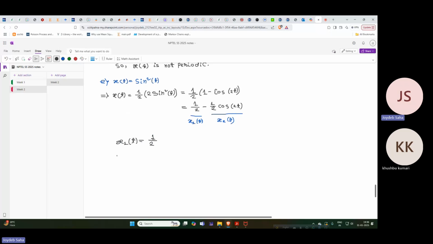So it can be periodic with any arbitrary period. x2(t) has period 2 pi upon 2, which is equal to pi. So x(t) is periodic with period pi.